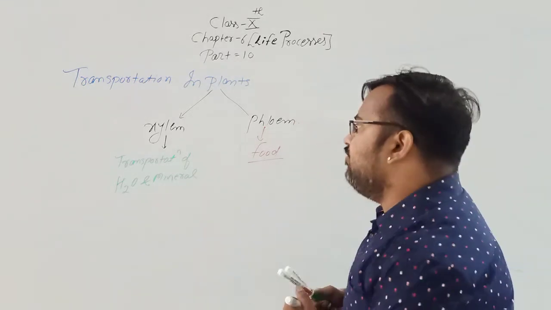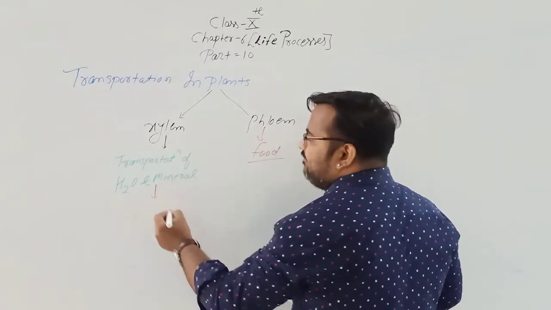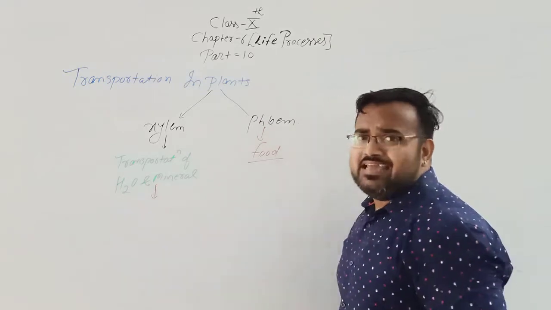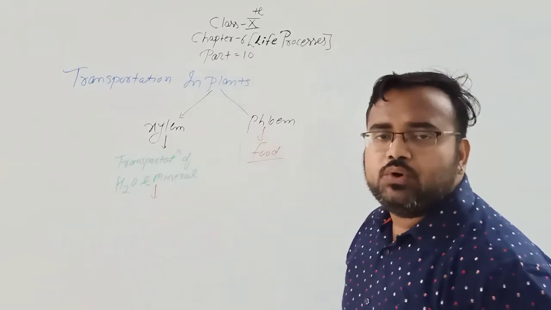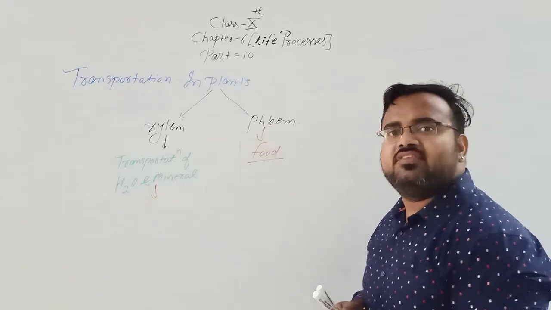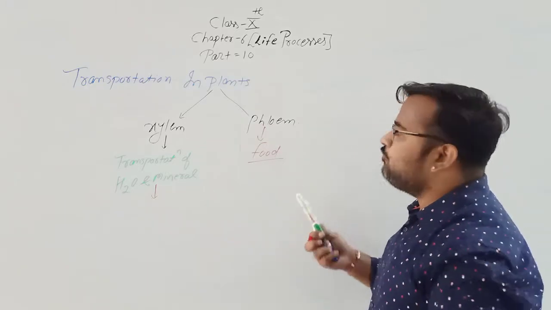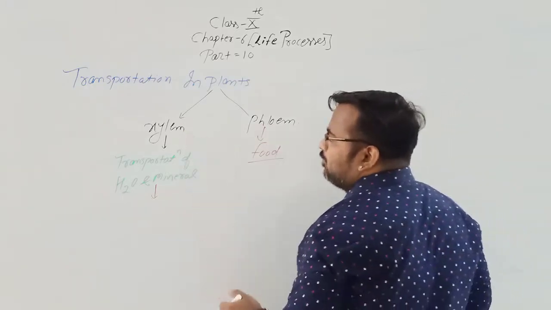Okay, now we also know that xylem has four parts, from class 9, the chapter on tissue. In the chapter on tissue we have seen the four parts of xylem and four parts of phloem. What are the four parts of xylem?